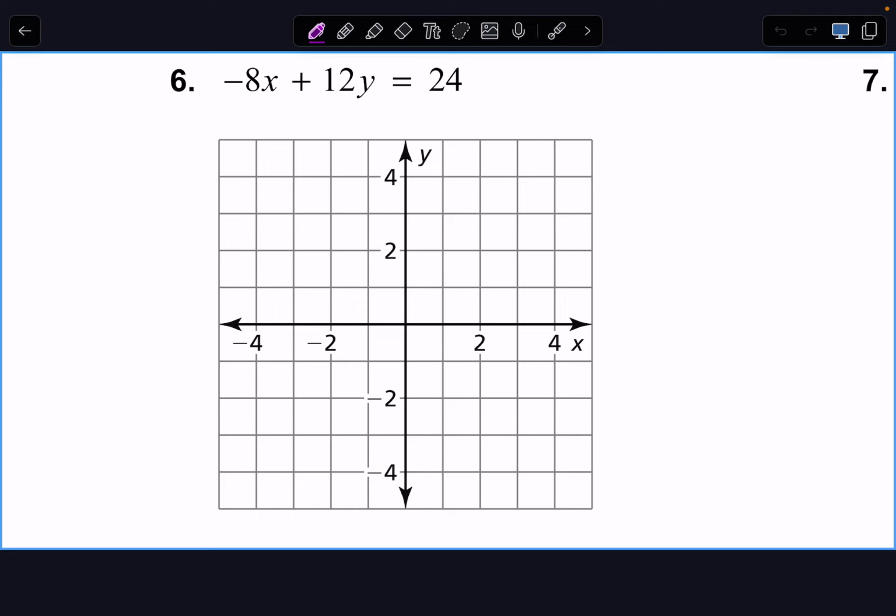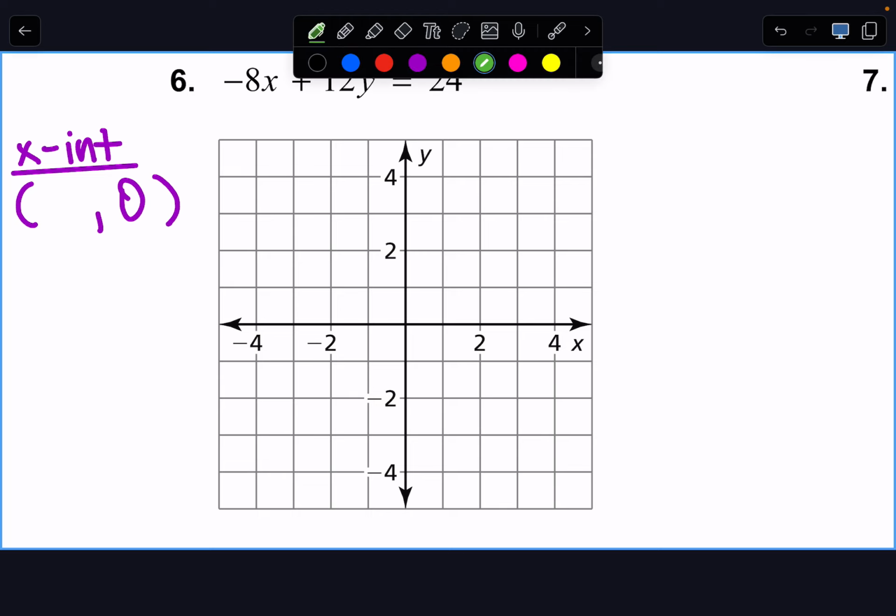So how did we figure out the x-intercept? What do we know about the x-intercept always? There's a 0 for the y. So let's do the math. Like Joey said, when we plug the 0, poof, it goes away.